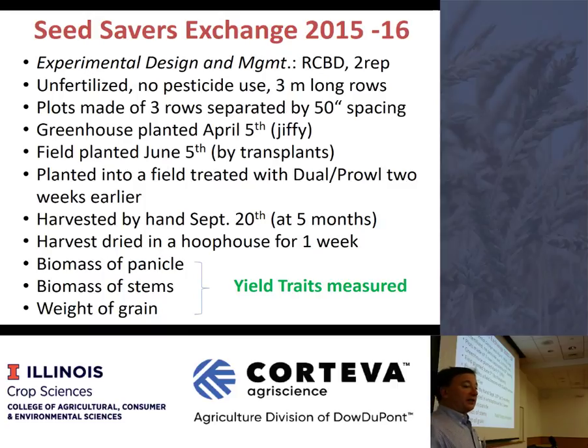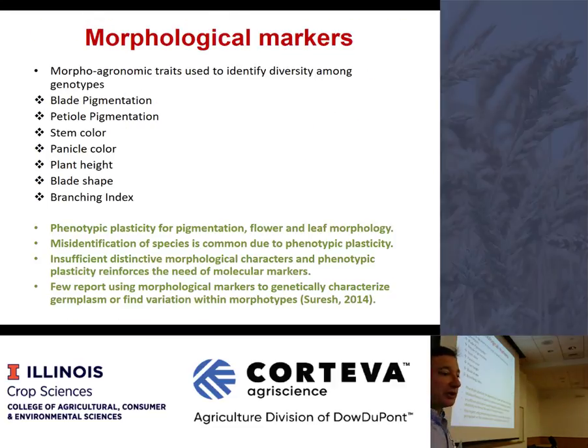We still have to harvest and dry our seed heads in a hoop house for about 1 week before we're confident that we're not growing molds and other things on our panicle. And then we do a biomass of panicle, biomass of stem, and a weight of grain. We also take morphological markers with the idea that in GWAS studies we'll be able to evaluate all these as maybe simple loci.